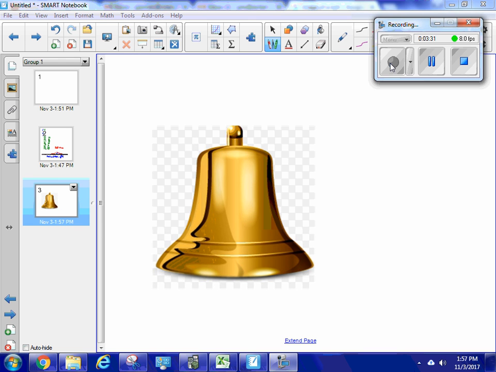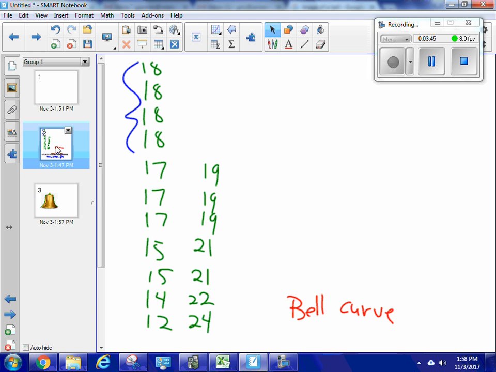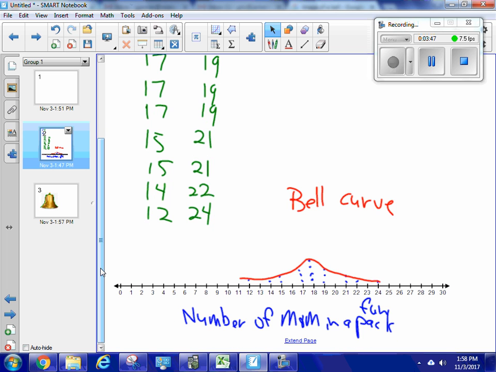What it's saying is that it's kind of low on the end, and then it gets high, and it evens out a little bit. And then on the other end, it starts to decline, and it gets low again. So that's why we call it a bell curve. Let's take a look right there again. Kind of a bellish shape. Sometimes in statistics, we call this a normal curve. But you're probably more familiar with the word bell curve.